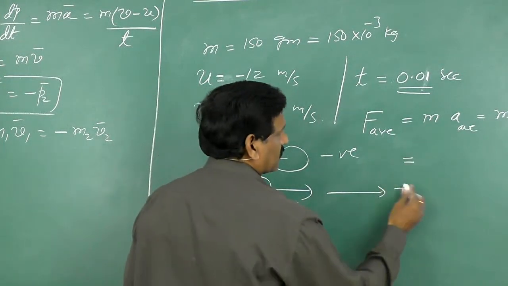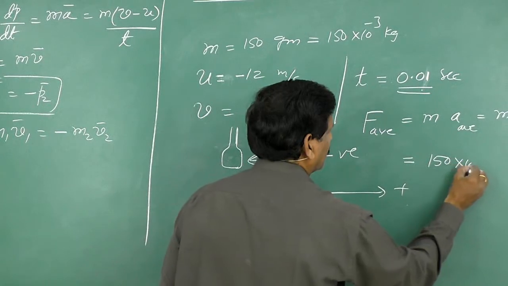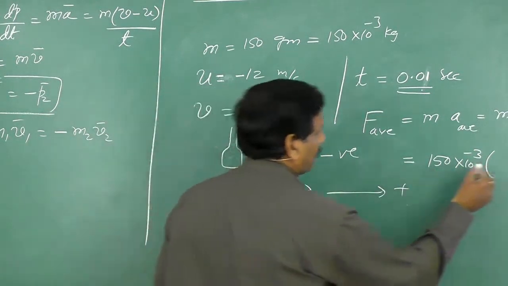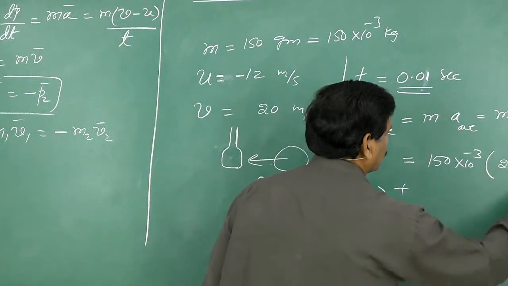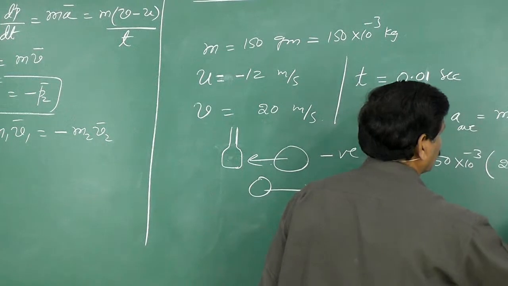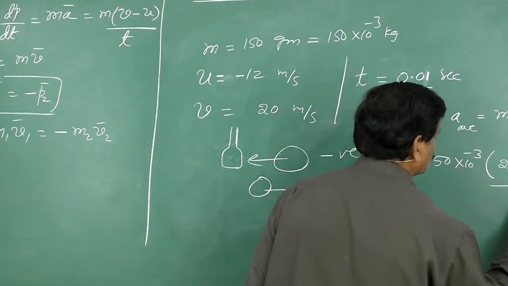So here mass is given as 150 into 10 power minus 3. Here v is 20, minus of u, u is minus again, so minus of minus 12, by time, which is 0.01.